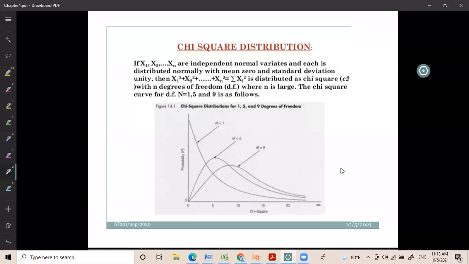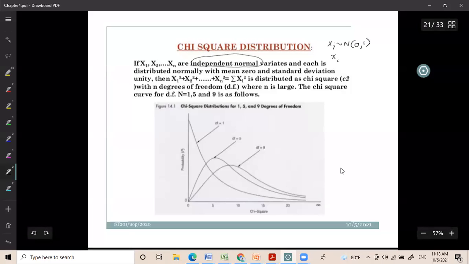Now, I think I mentioned once how you get the chi-square distribution. If x1 up to xn are independent normal random variables with mean 0 and standard deviation 1, that means the xi's are standard normal.